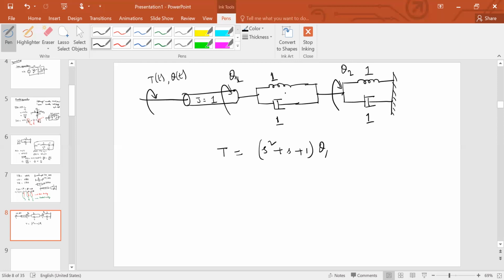But remember, this part is also shared with theta 2. So therefore, this is minus of S plus 1 theta 2.